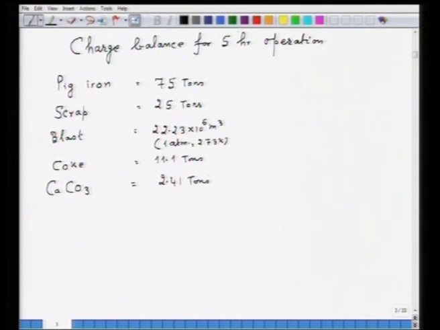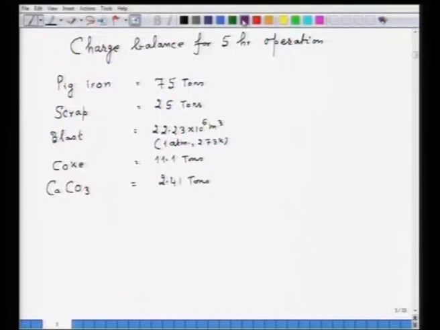Now, as a result of the 5-hour operation, we also have to calculate the output, so that we can schedule our entire operation after tapping cast iron from the cupola. So, the amount of slag will be equal to 4.5 tons.